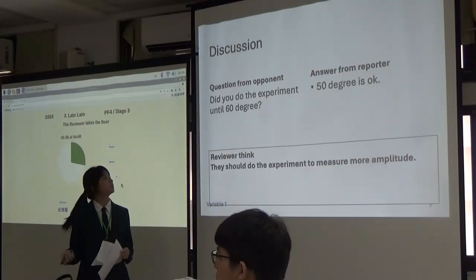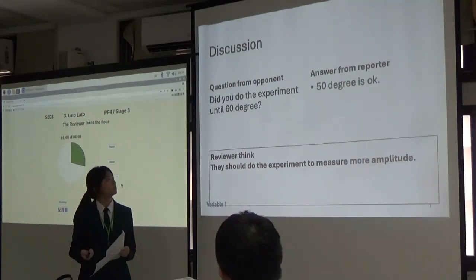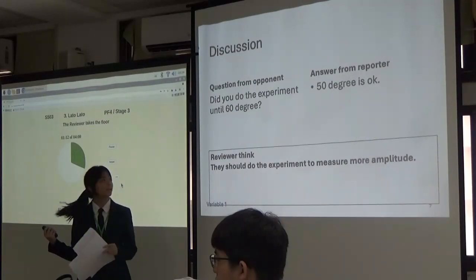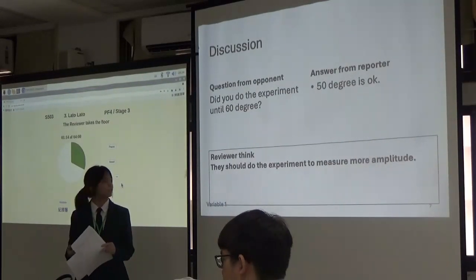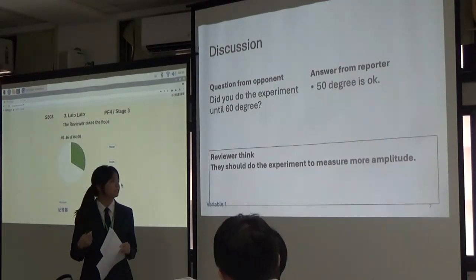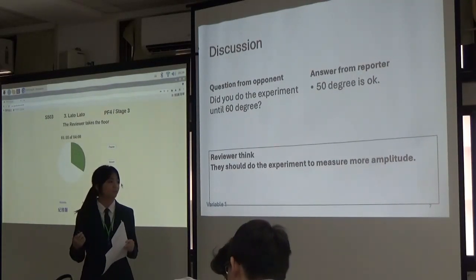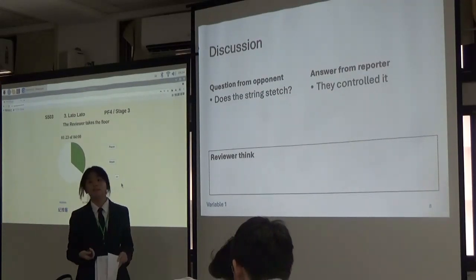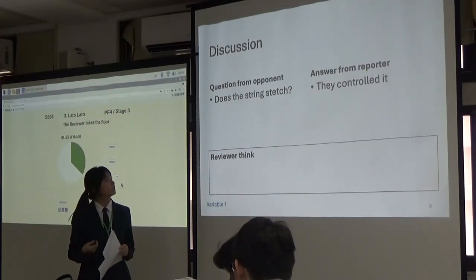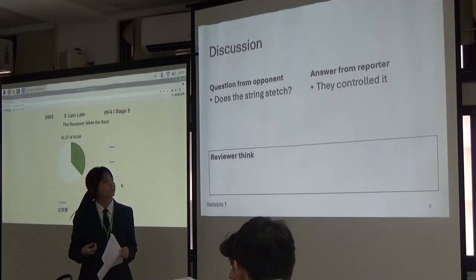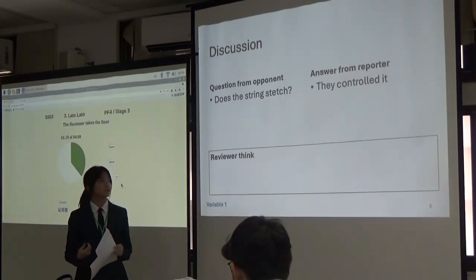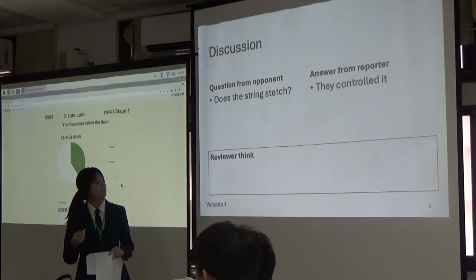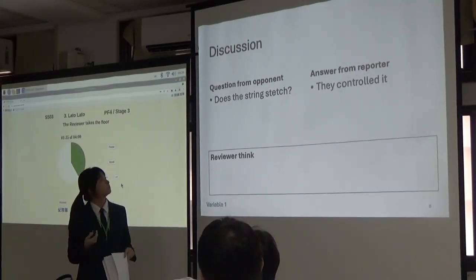He asked her, did you do the experiment up to 16 degrees? She said 50 degrees okay, but we think they should do more experiments to see how amplitude affects this phenomenon.